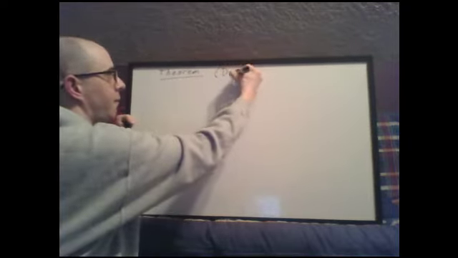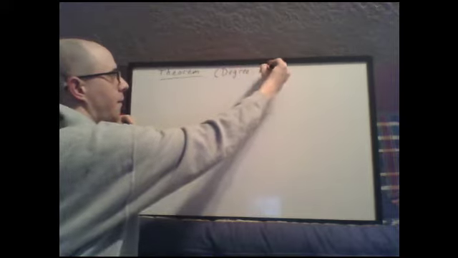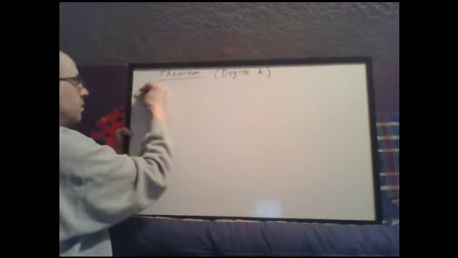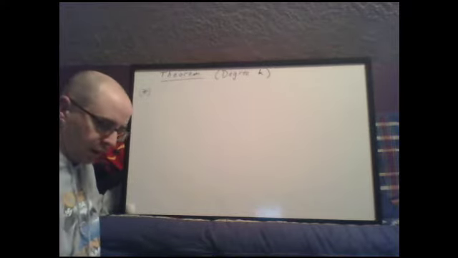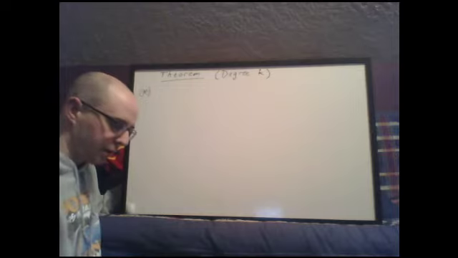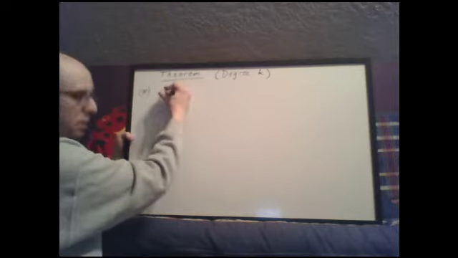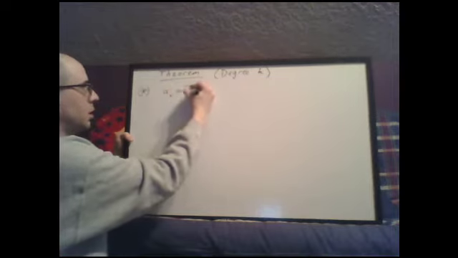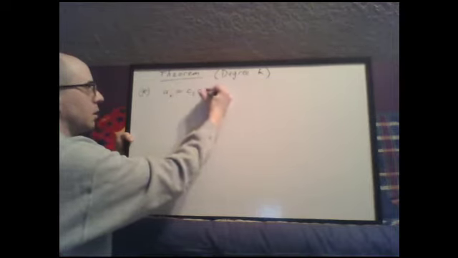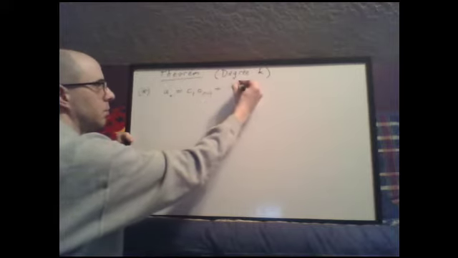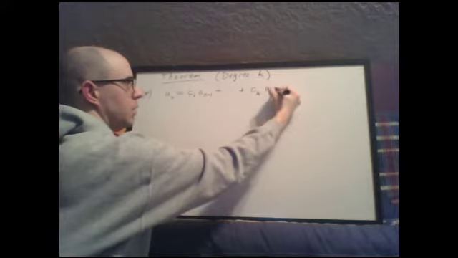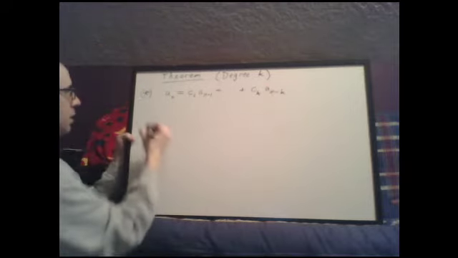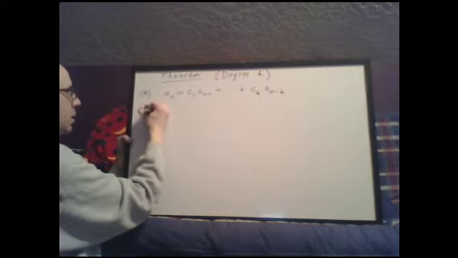All right, so now we have a degree k. This is going to be very much the same theorem as the degree 2 theorem, but I'll just do it as one case. So we've got a recurrence, a_n equals c1 a_(n-1), etc., down to ck a_(n-k).